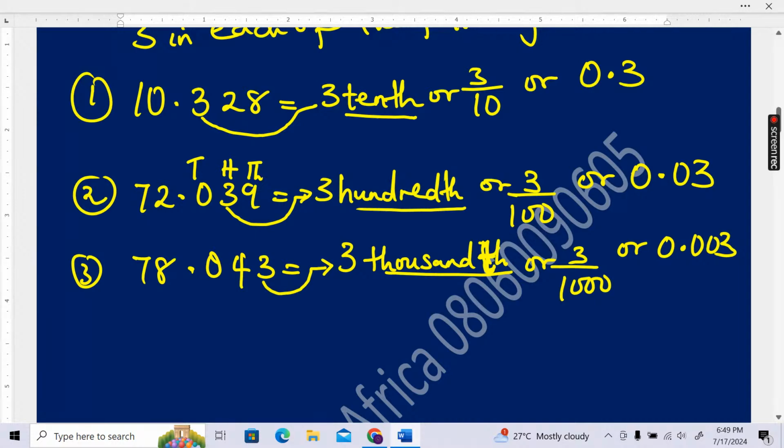Number one, 10.328, not 10.328 said as a whole number. That is wrong. It is pronounced digit by digit after the point. Number two is pronounced as 72.039, not 72.39.